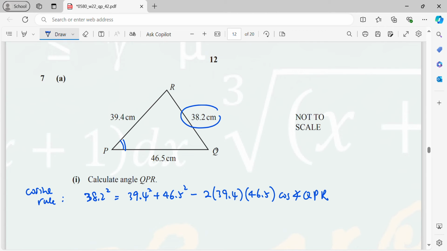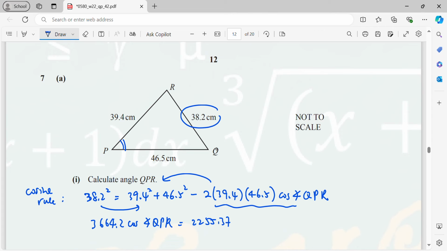So now you will be getting the total here, you move it to the left side, and then this square you move to the right side. So when I calculate, I will get 3664.2 cos angle QPR. The total of the 3 values, right, it will be 2255.37.